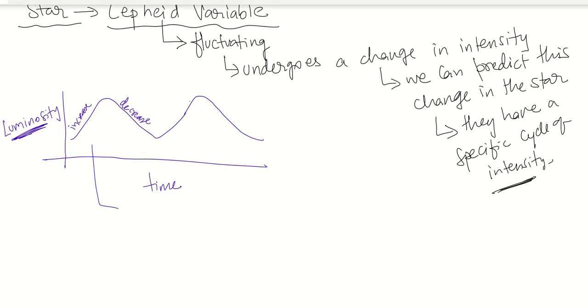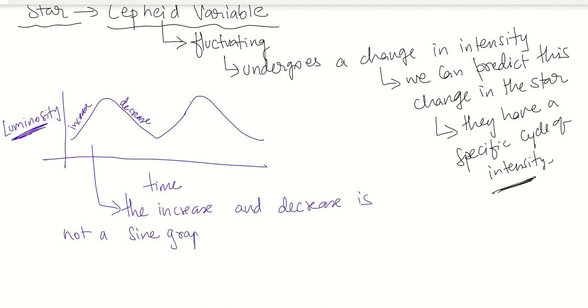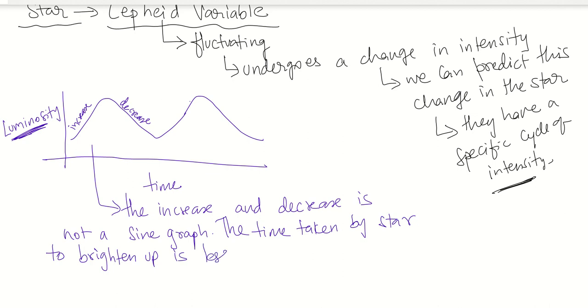Look at the graph. The increase and decrease is not a sine graph, it is not a sine graph. The time taken by the star to brighten up is less.